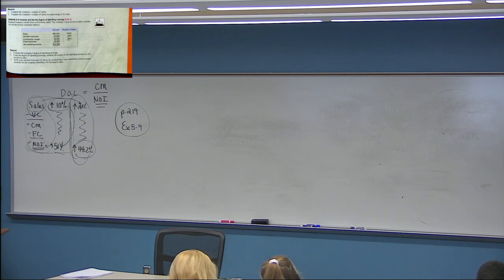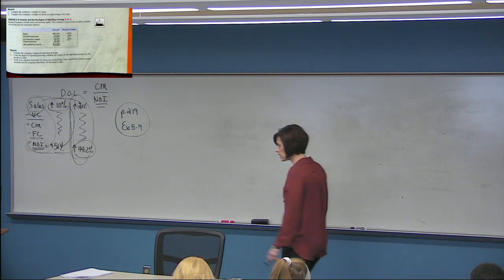So your variable costs are those expenses associated with making your product. So if sales go up 5%, variable expenses go up 5%, then what else is going to go up 5%? Contribution margin. What's going to stay the same? Fixed expenses. So that's how you approach part 3.